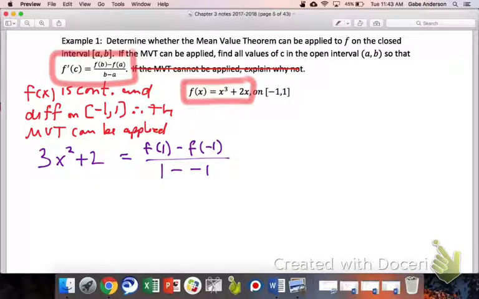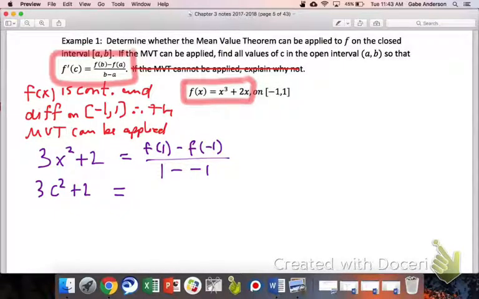I'm going to replace the x with a c here in a second because it wants to know where f prime of c equals this. If you left it as an x, it's probably not the end of the world, so don't stress about that too much. But we do need to evaluate the right side. What is f of 1 minus f of -1? Let's start off with this. What's f of 1? 5?